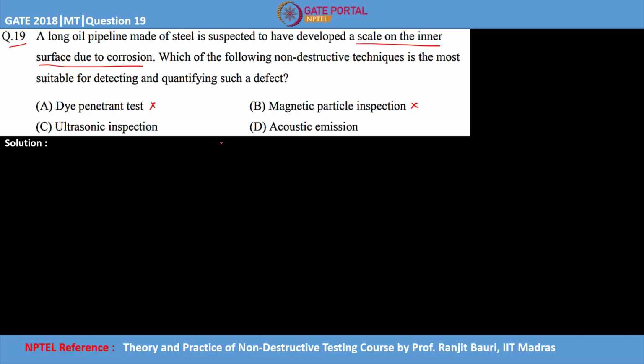We analyze the signal which we sent and the signal which we receive, and by that we can find at what depth a defect is lying, or what the size of that defect is.